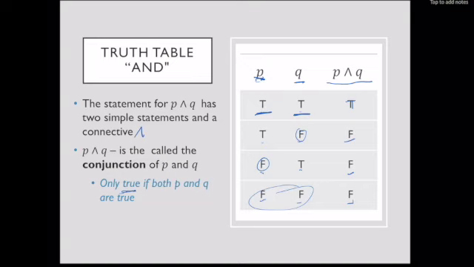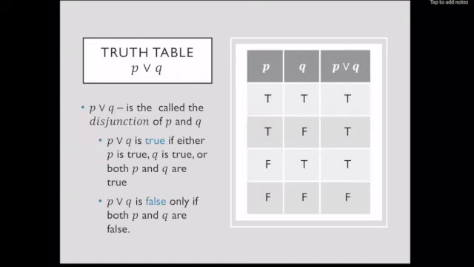When we're looking at or, which is the disjunction, right? I have P or Q. P or Q is true if either P is true, Q is true, or both P and Q are true. So what this means is at least one must be true.